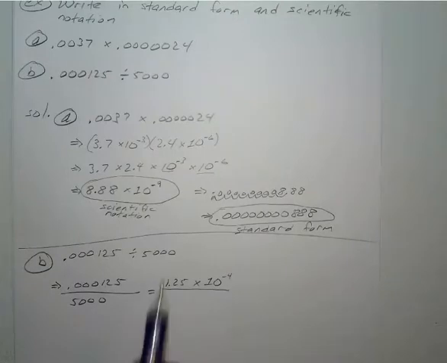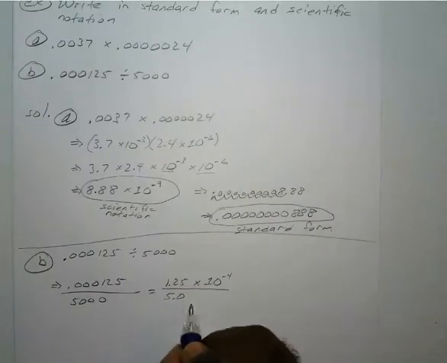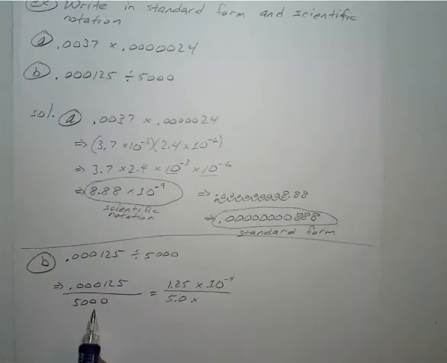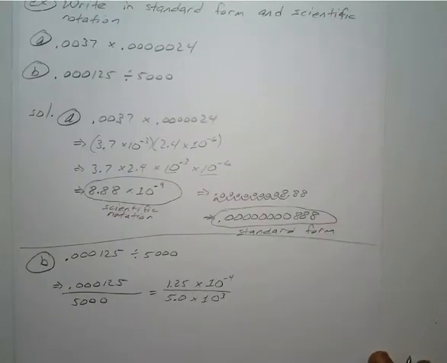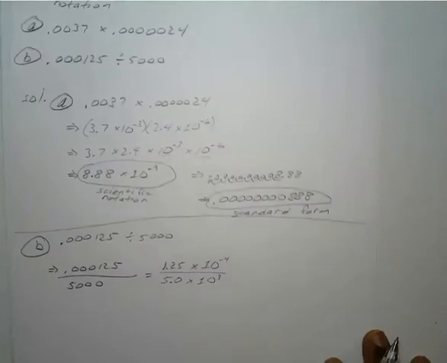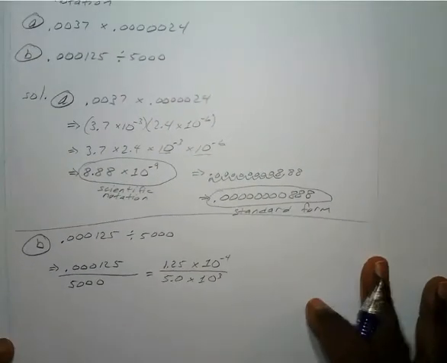Over 5,000, we're going to move that decimal 1, 2, 3 places to the left. So we have 5 or 5.0. Since the original number is bigger than 10, it's going to be 10 to the third power.